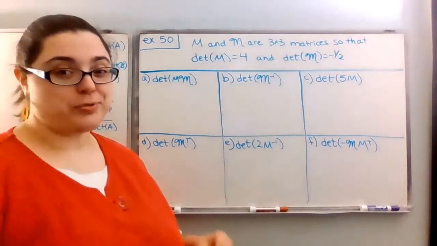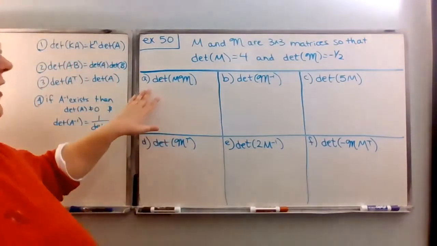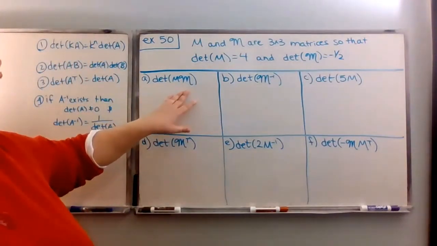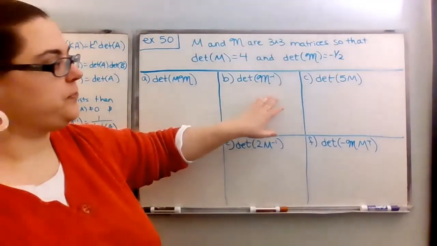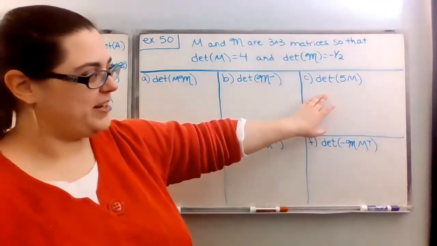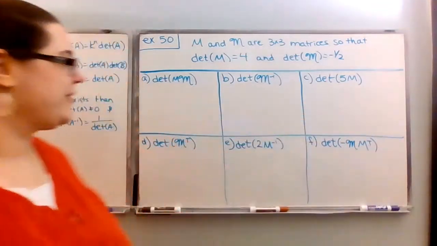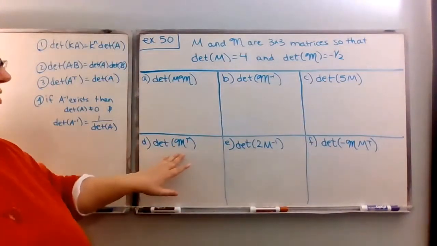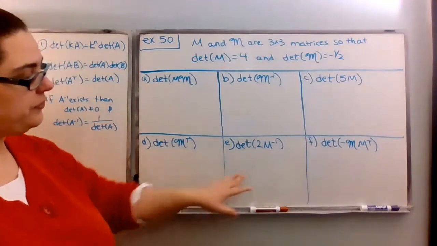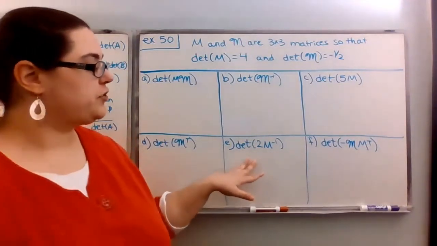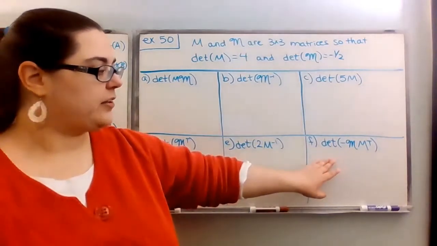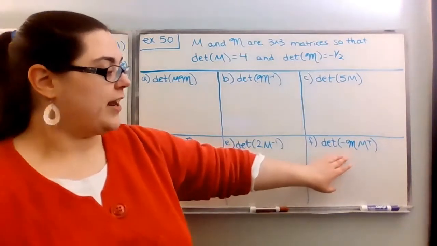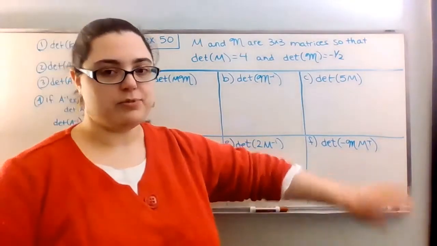So the 6 problems we're going to solve are finding the determinant of M times fancy M, finding the determinant of fancy M inverse, determining the determinant of 5M, finding the determinant of the transpose of fancy M, finding the determinant of twice the inverse of M, and finding the determinant of negative fancy M times M transpose.